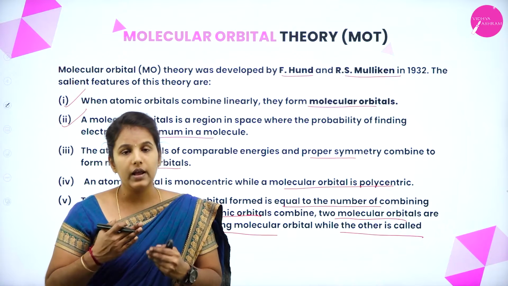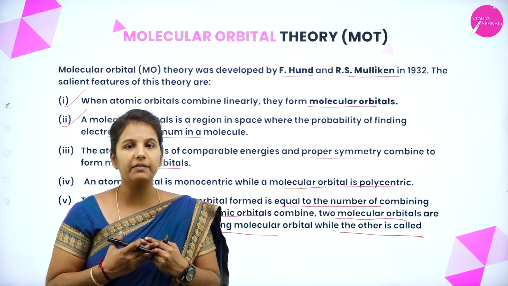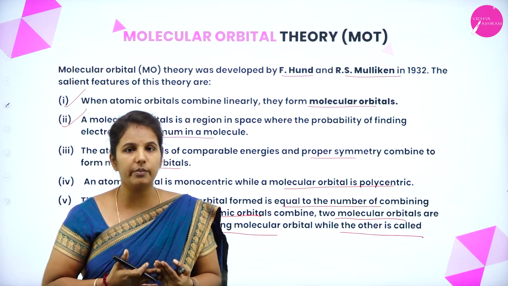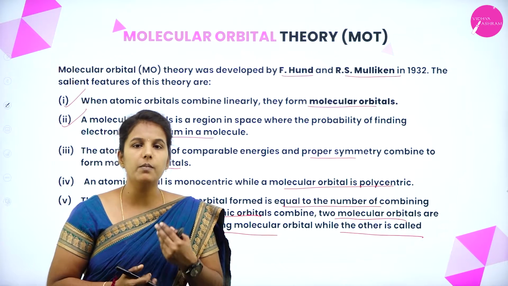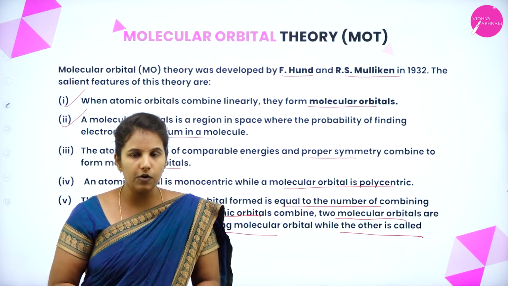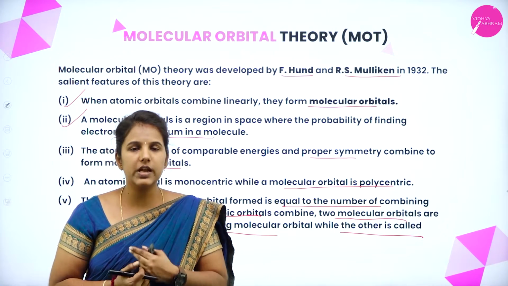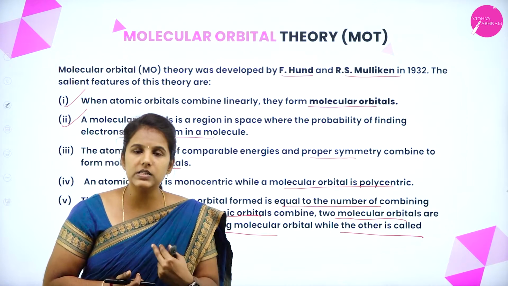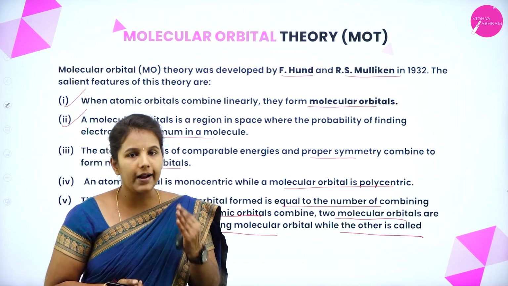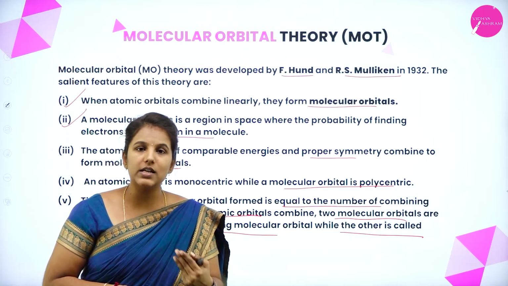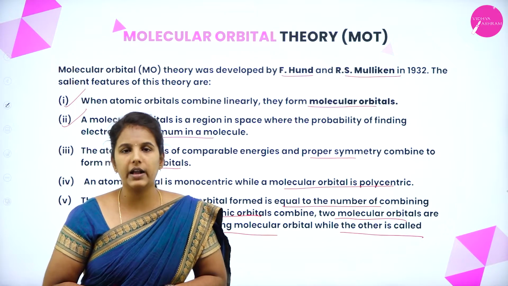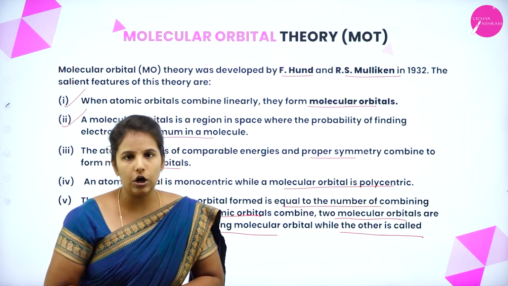When atomic orbitals have the same energy and the same geometry, they combine to form molecular orbitals. Suppose we have 2 sets of molecular orbitals formed by 4 atomic orbitals; they are known as bonding and anti-bonding molecular orbitals.